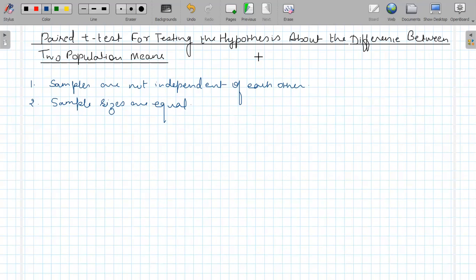Or if it is zero, then it means there is no effect of the drug on those persons, the drug is not effective. Or if the difference is coming out to be negative, that means the BP has been increased. So we want to test whether the drug is effective or not. So basically we consider the differences before and after the treatment, differences in the values of samples.